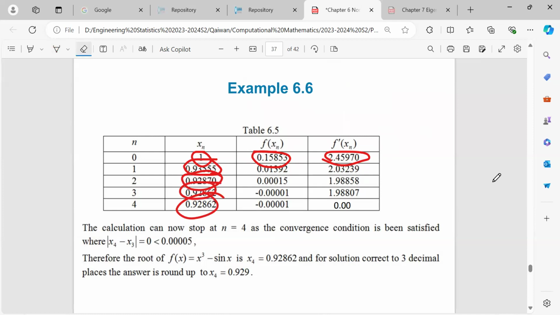Look, if the difference between two successive x values, meaning the absolute value of x2 minus x1, is less than epsilon, or f of the last x in absolute value is less than epsilon, less than the error, we stop the iteration and we say the last x value is the solution. The last x value is the solution.